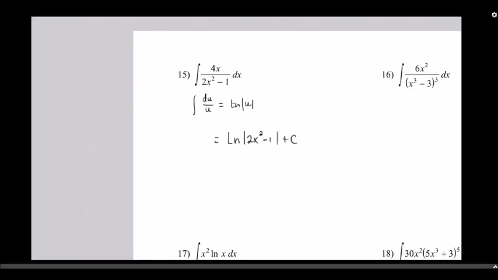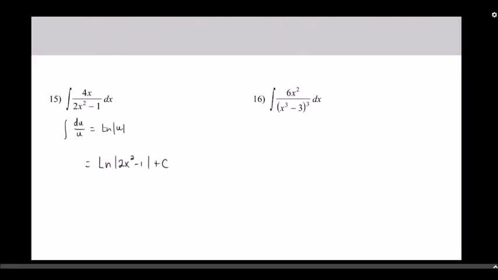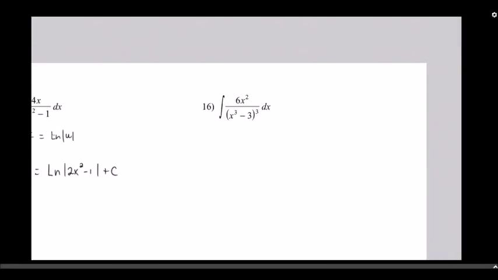Now 16, we have an inside function and an outside function there. Often when there's inside functions and outside functions, we try to use the general power rule, u to the n du, which isn't in the form of a fraction.